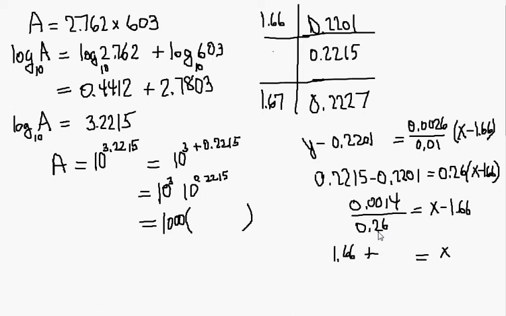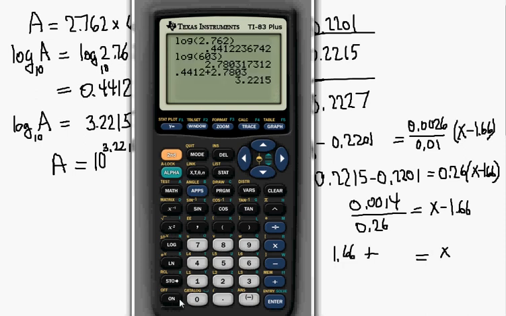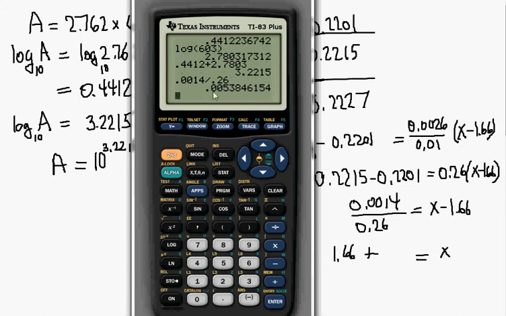Now, back in the old days, we would compute that by hand. Let me do this by cheating. 0.0014 divided by 0.26 is 0.0054, just rounding off to 4 decimal places.